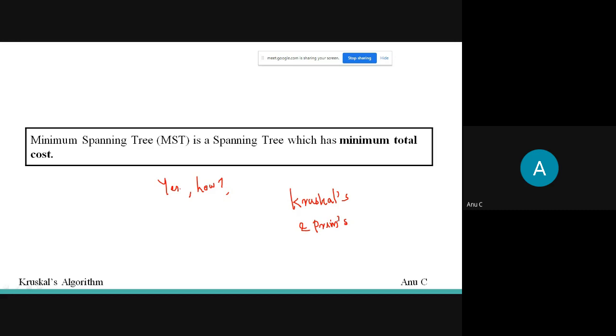Okay, so we can find the minimum spanning tree without trying all the possible spanning trees from the given graph using this algorithm. So in this session, we are focusing on Kruskal's algorithm.